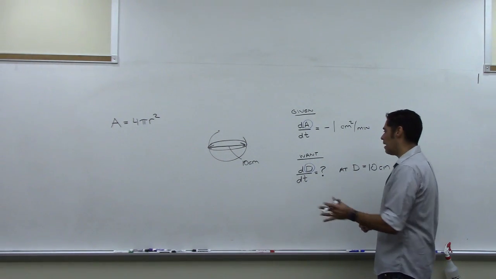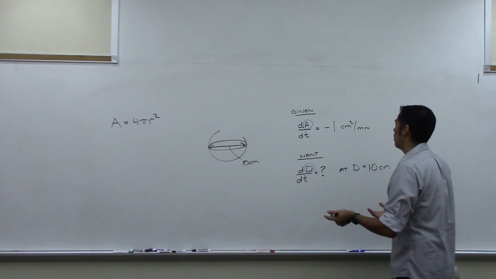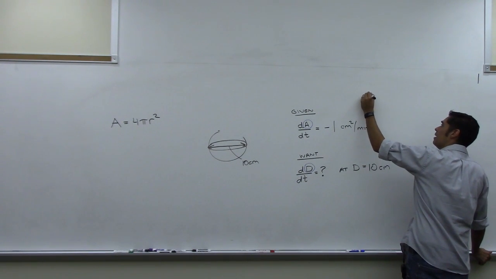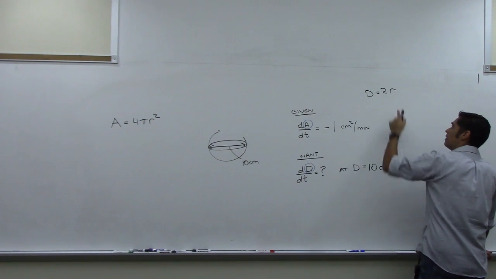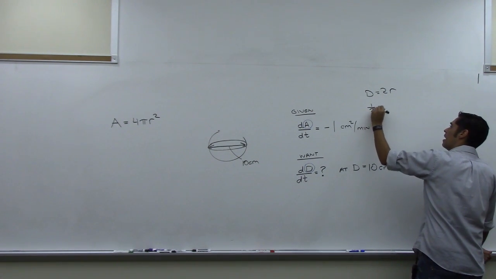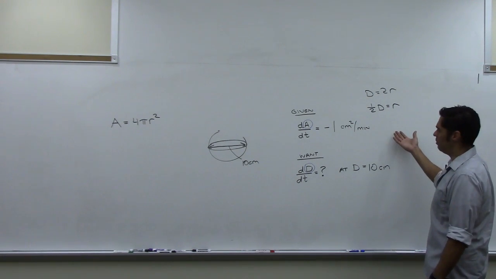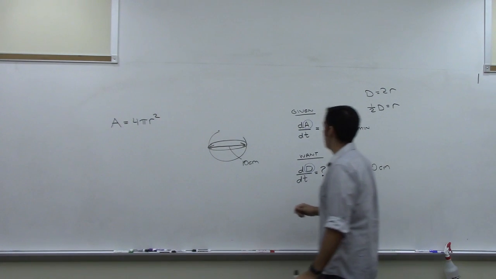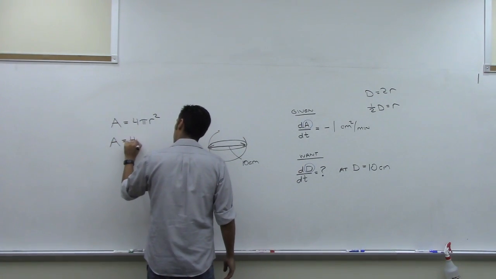So there's a couple of things we can do here. We can just work with that, or we can actually try and replace that r with d. And just remember that when it comes to the relationship between r and d, the diameter is twice the radius, right? So if I solve this for r, I get half the diameter is the radius. So I think that's obvious to most of us. I could take this and just go into this formula and replace that r with 1/2 d before I take a derivative.